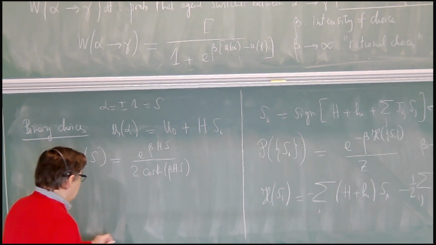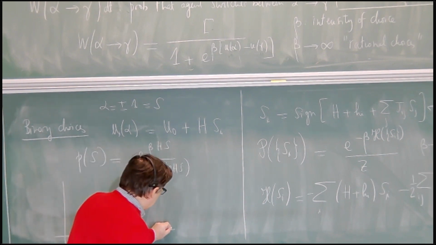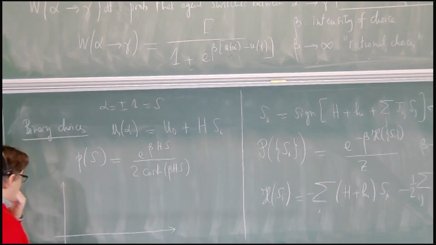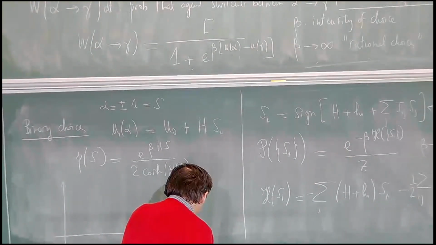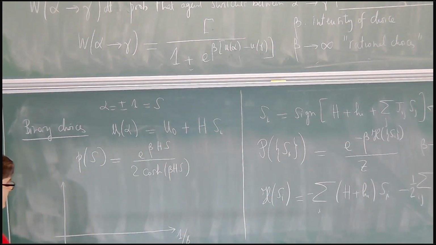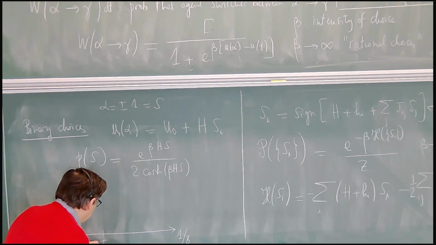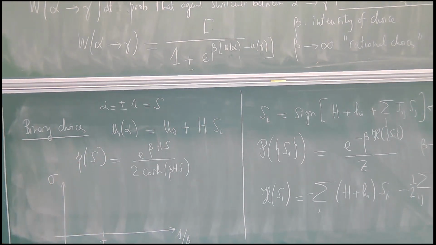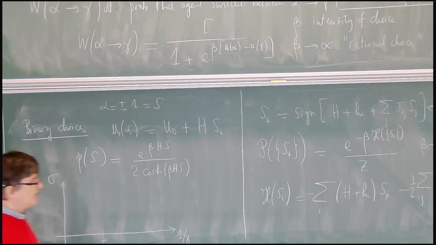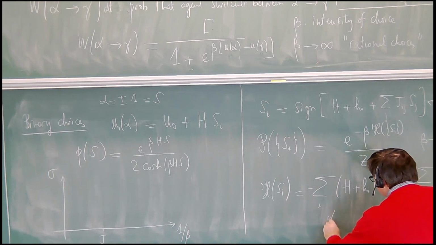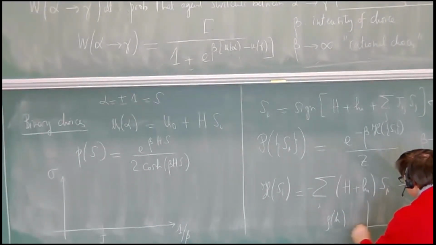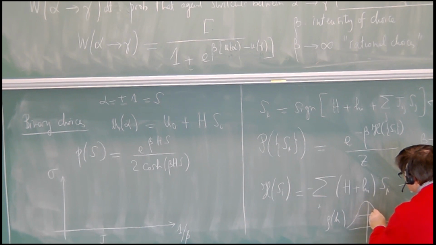And what you get is now as a function of temperature 1 over beta and sigma being, if you remember, the width of the density of field. So rho of H was something like this.